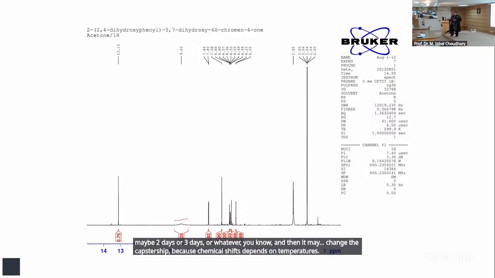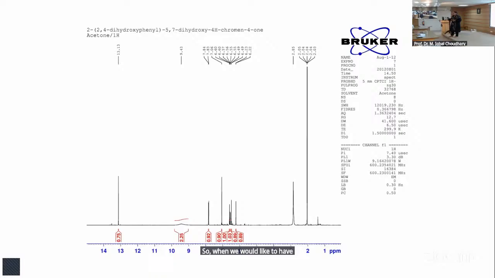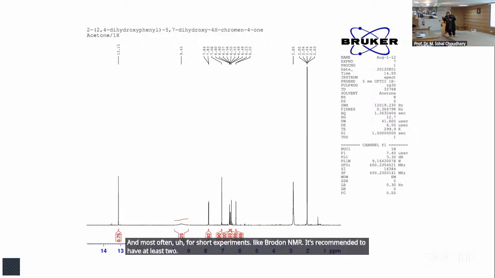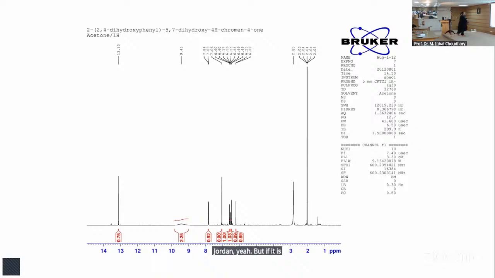So we would like to have a stable temperature before it starts recording. The experiment is ongoing, but the recorder is not on, and that is called a dummy scan. For short experiments like proton NMR, it's recommended to have at least 2 or 4 dummy scans, but if they are not there, that is okay too, since these are very short experiments.